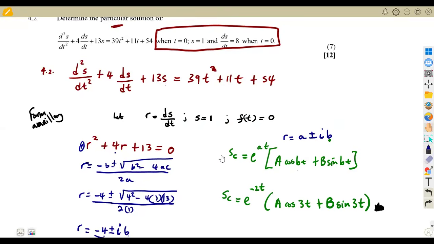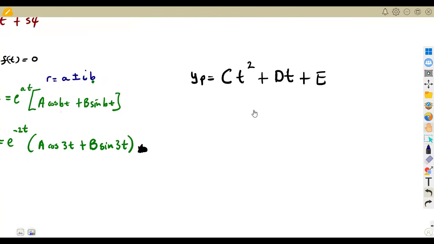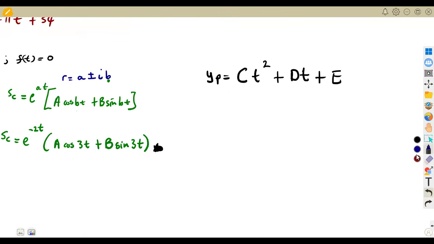So we are going to need the derivatives of these that we are given in terms of t, from the particular integral. So what is the derivative of y here with respect to t? The derivative of y with respect to t here, we multiply by the constant and drop the exponent, so that will be 2ct.